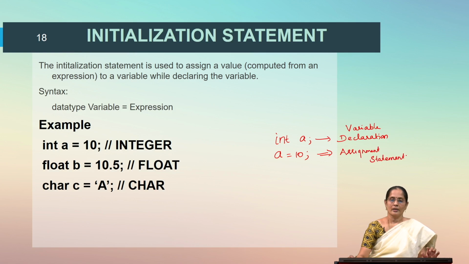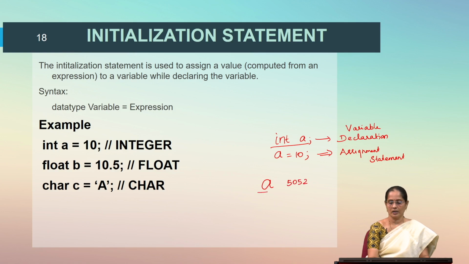So, what happens with the compiler in the declaration statement is, it creates a variable named A, and it maps an address to that variable.